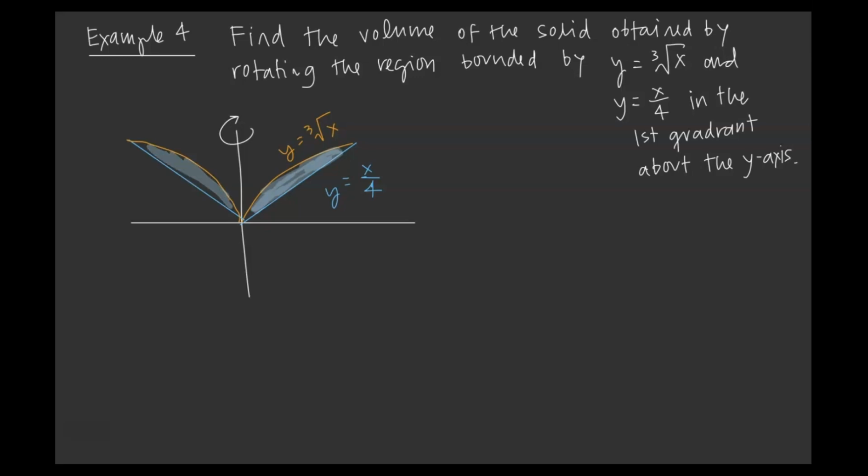The blue line is creating this large circle, but then we're taking out of it this orange circle, the circle generated by the orange curve, y equals cube root of x. So when we generate this solid, if we're slicing horizontally, these slices will be like little washers, like washers that you buy in a hardware store.